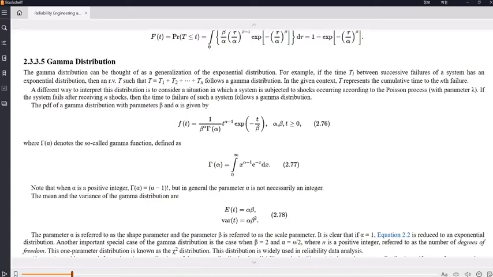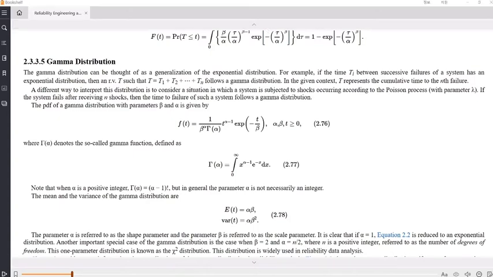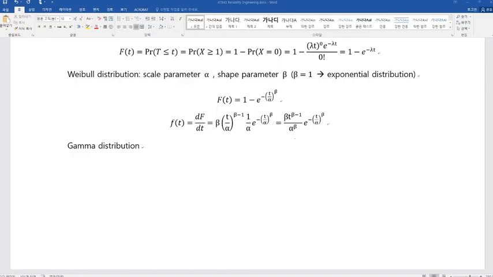So later we are going to see that gamma distribution is basically a generalization of exponential distribution.